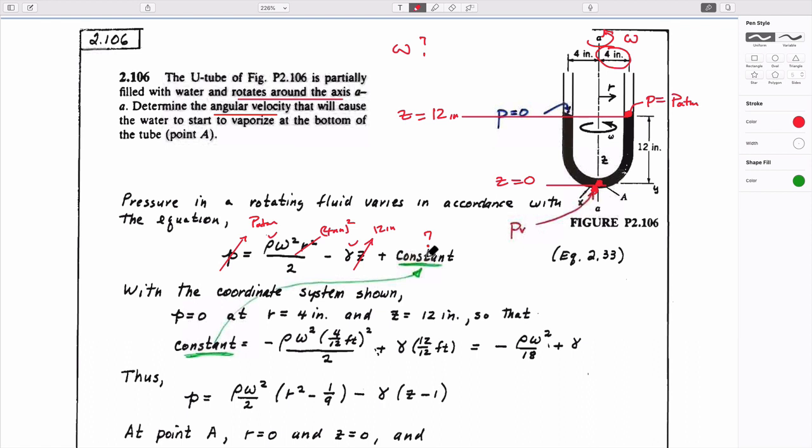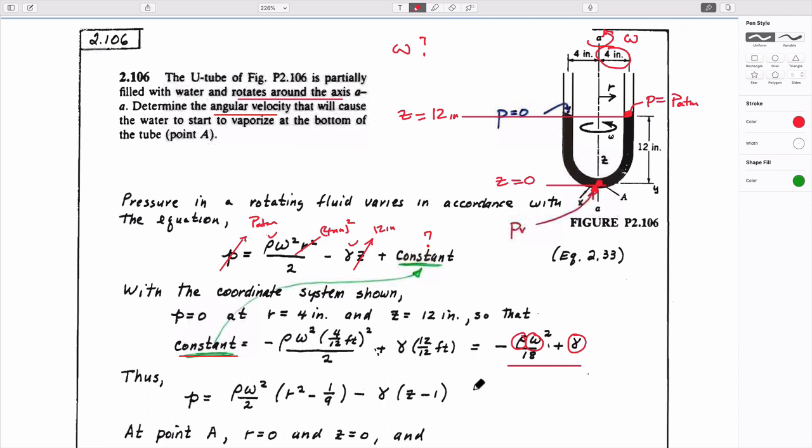It's like when you integrate things, you can either integrate between limits, in which you don't need a constant, or you can integrate without limits, in which case you end up with a constant. It's the same process. So if we solve for this, we can get the magnitude of the constant, and apparently it's equal to this. It's a function of rotation speed, which we don't know, and the properties of the fluid, density, unit weight and density.